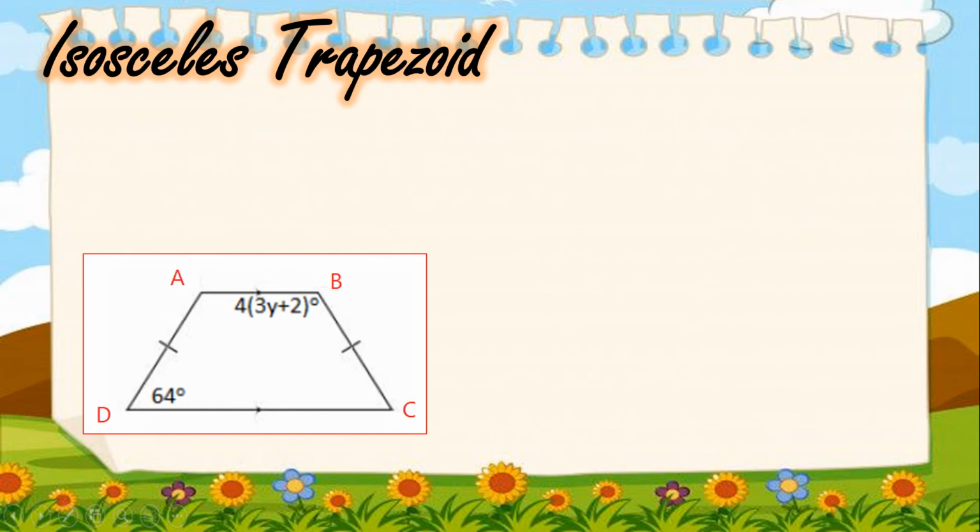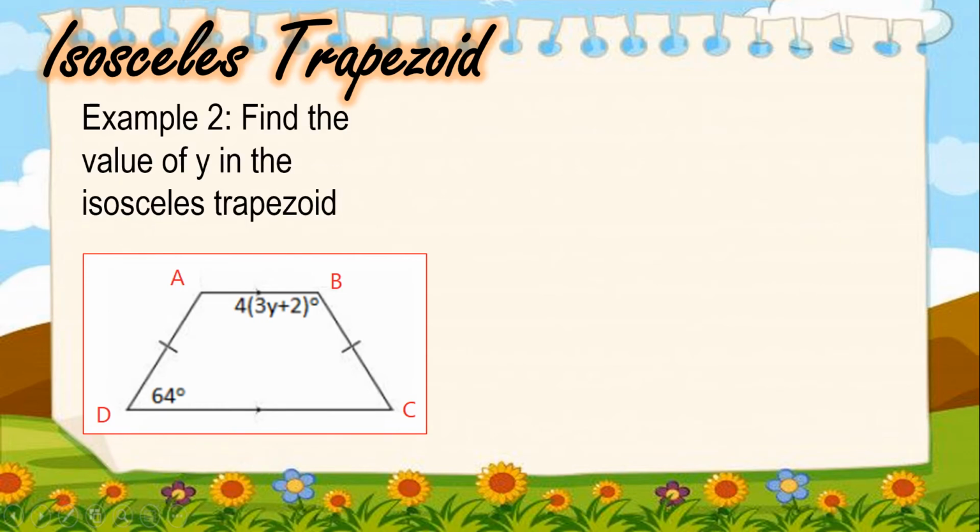Let's have an example. Find the value of y in the isosceles trapezoid. As you can see in the figure, we have isosceles trapezoid ABCD. It is given that angle D is equal to 64 degrees while angle B is 4 times quantity 3y plus 2.